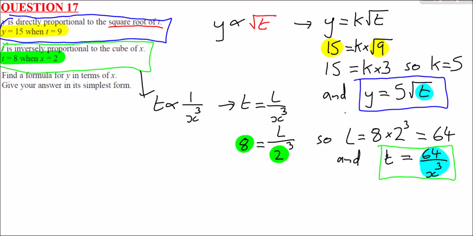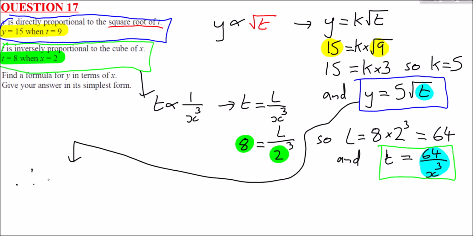So from this one here, in the blue, we just switch the t for 64 over x cubed. Therefore, y equals 5 lots of the square root of 64 over x cubed.